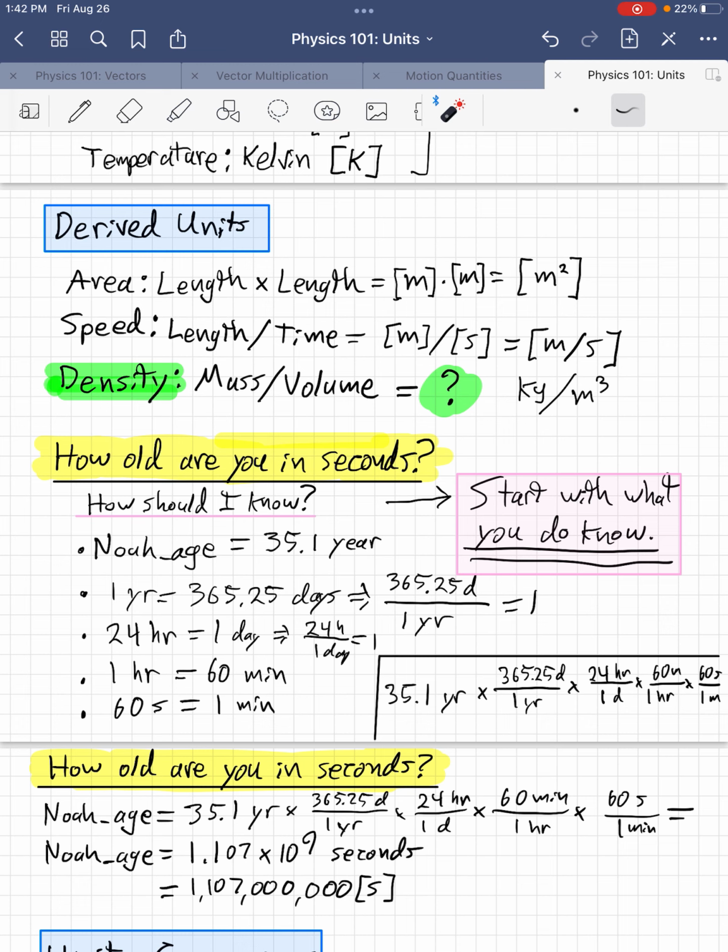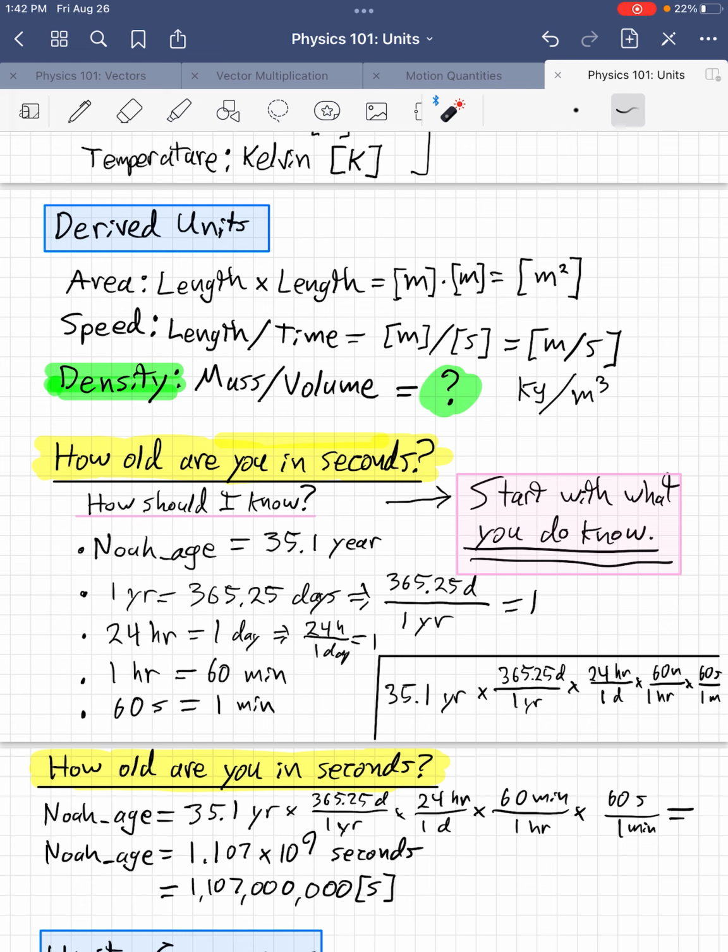Well, I really don't know that, but what I do know is that I'm about 35.1 years old. And then can I use other pieces of knowledge that I have to get me one step closer to converting that years into seconds? So we can try that because I know that 1 year is equal to 365.25 days.